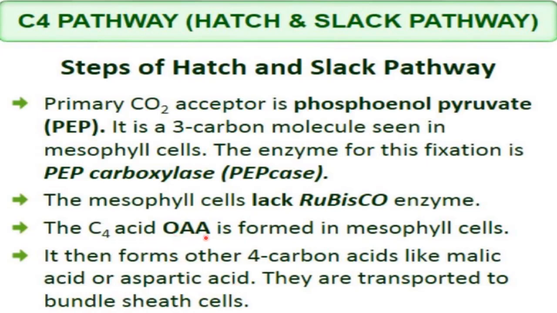First of all this is formed, the first stable product, and after that it forms malic acid and aspartic acid. They are transported to the bundle sheath cell. So first these steps occur in the mesophyll cell. Oxaloacetic acid is formed in the mesophyll cell, then it is converted into malic acid and that is transported to the bundle sheath cell. So the remaining steps will occur in the bundle sheath cells now.